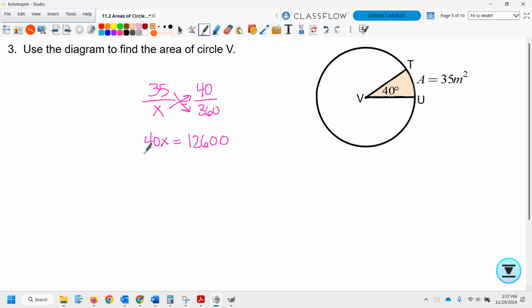Divide both sides by 40, and x is equal to 315. The units is meters, and it's squared because it's the area of the entire circle. 315. All right. Great. Next.